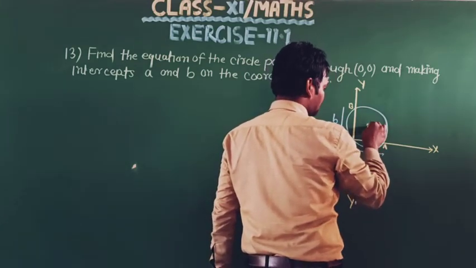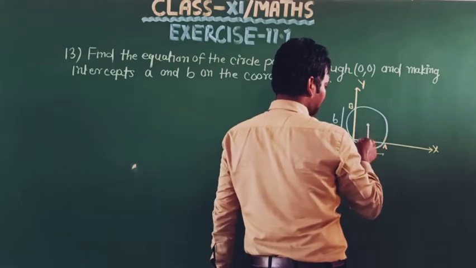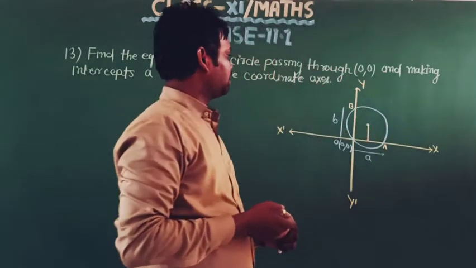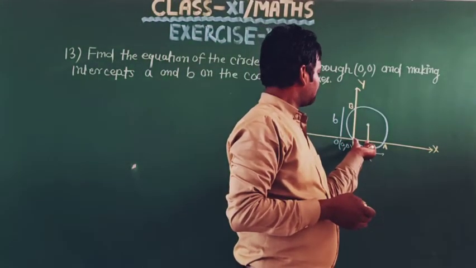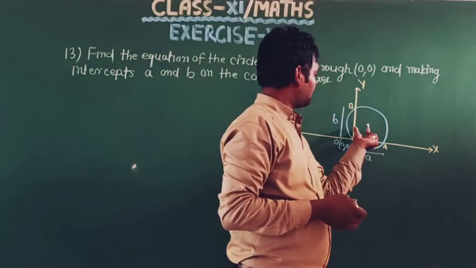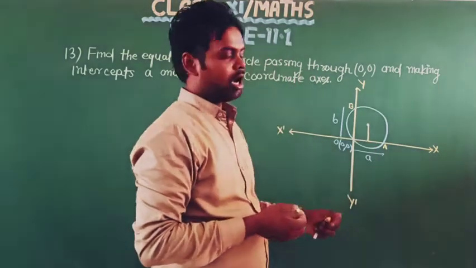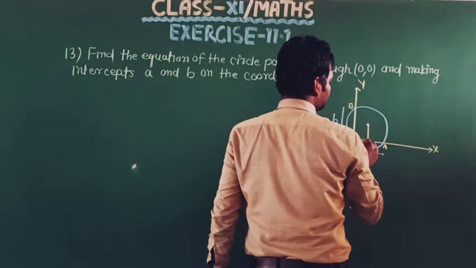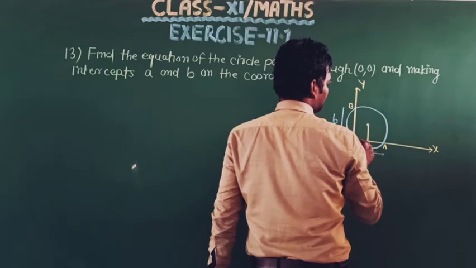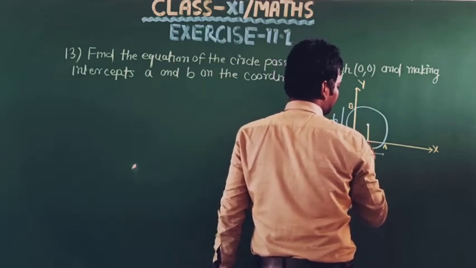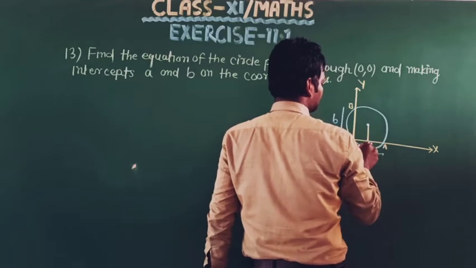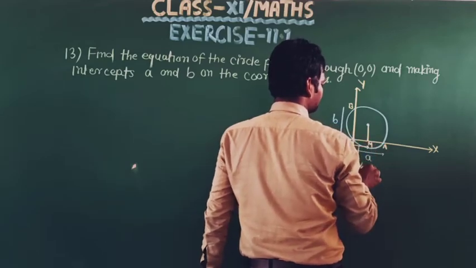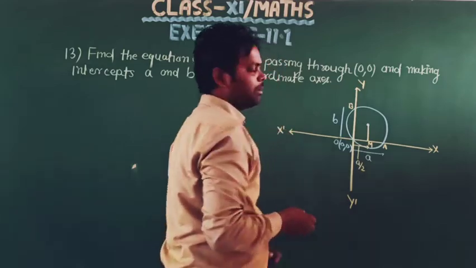We have to draw a perpendicular from the center, and this perpendicular bisects the chord. Suppose this is M, so this distance is A by 2.